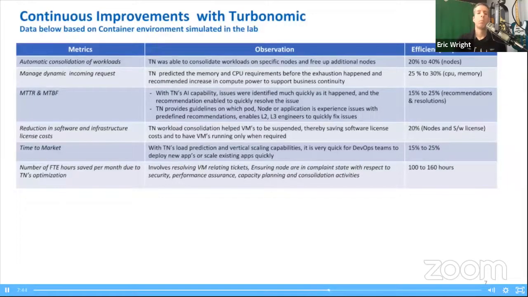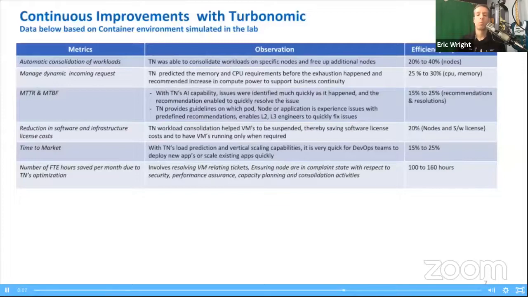The second one was managing dynamic incoming requests. Here we saw a benefit of around 25% to 30% in how Turbonomic was able to suggest the amount of CPU and memory required to ensure application performance was always maintained.